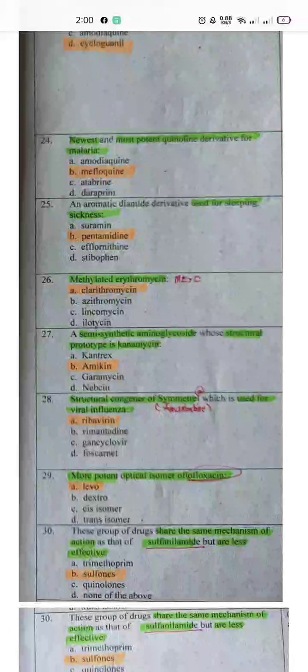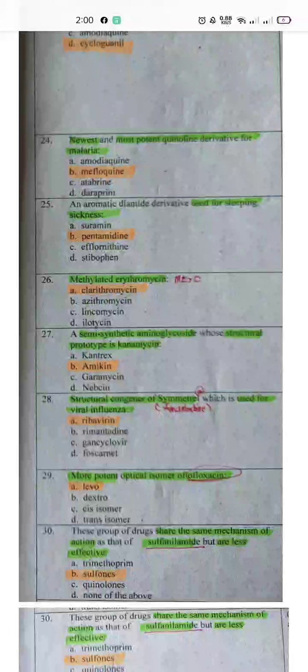Used for anti-burn therapy together with silver sulfadiazine. So, again, anti-burn therapy is for silver sulfadiazine and mafenide acetate or sulfamylon.